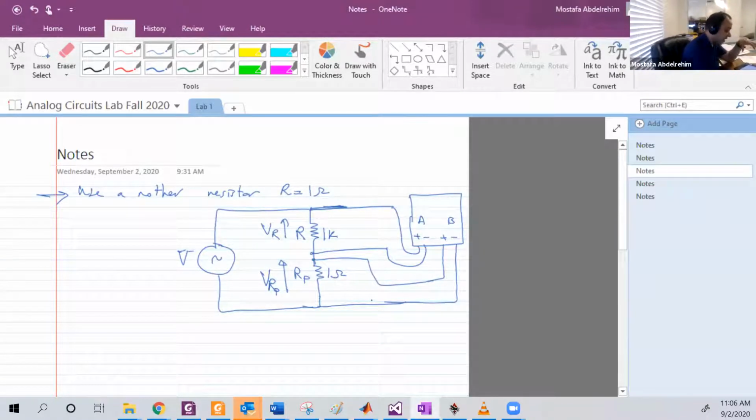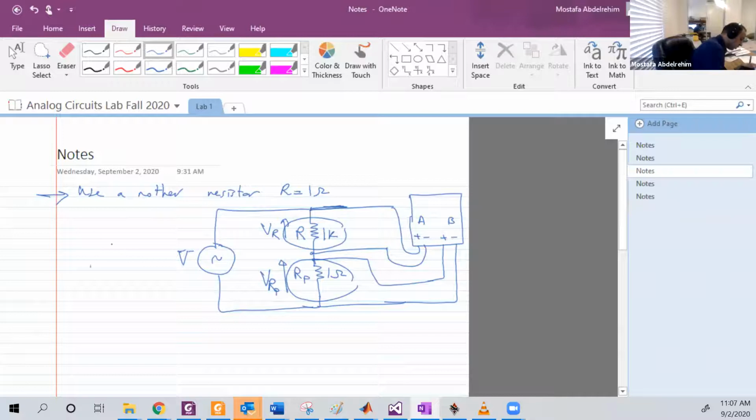So we now have an oscilloscope with 2 channels. One of them is connected to the resistor of interest, the 1 kilo ohm that we started with. The other channel is connected to RB, the other resistor, equal to 1 ohm, which we put there to measure the current indirectly. On the oscilloscope screen we can see 2 signals.